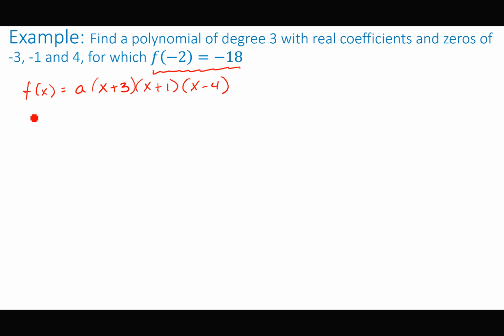Okay. So with this, I have 3 binomials. I'm just going to pick two of them, I'll pick these two, and I will FOIL these two binomials. So I'm going to have x squared minus 4x plus x minus 4.